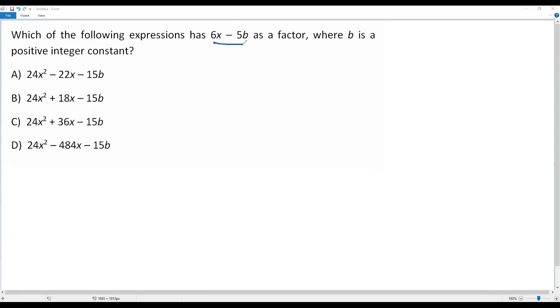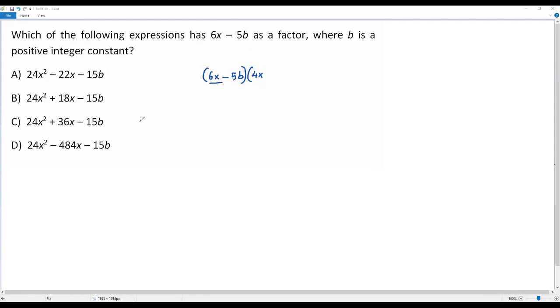Okay, now let me take the given linear factor, that is 6x minus 5b. Now my aim is to get the other linear factor. Okay, what should I write over here so that when I multiply the 6x and the term over here, that is equal to the leading term 24x squared. So it's very clear, I have to write 4x. When I write 4x over here and I multiply 6x and 4x, that is equal to 24x squared.